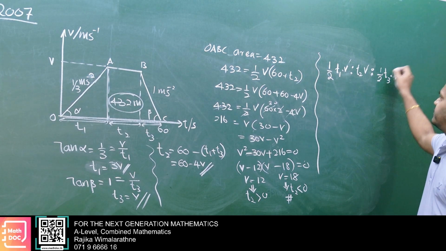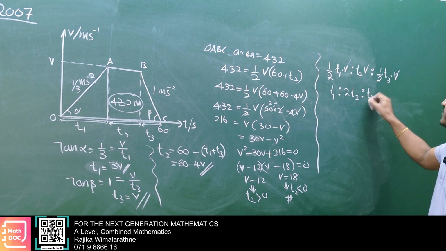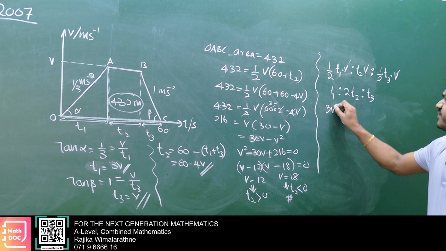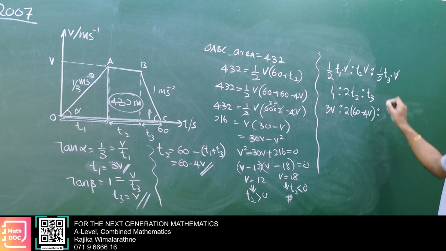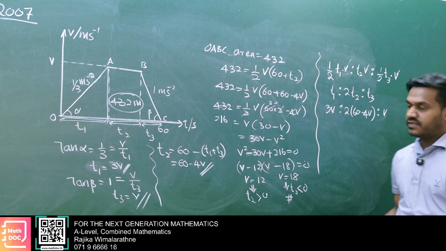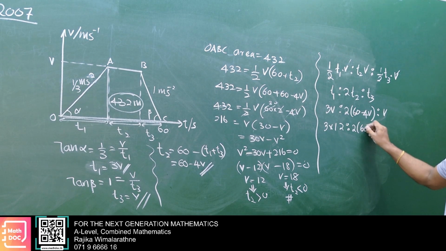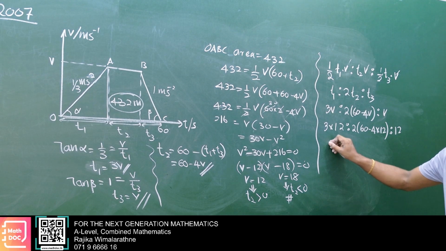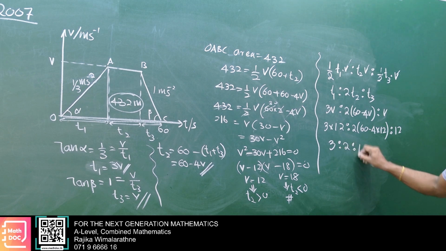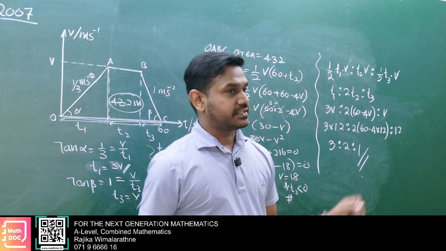Now v cancels: t1 is to 2 t2 is to t3. t1 is 3v, t2 is 60 minus 4v, t3 is v. Put v equals 12: 3 times 12, 2 times (60 minus 4 times 12), 12. The 12 cancels. 3 is to 2 is to 1. So the displacement ratio is 3 is to 2 is to 1 for each stage.